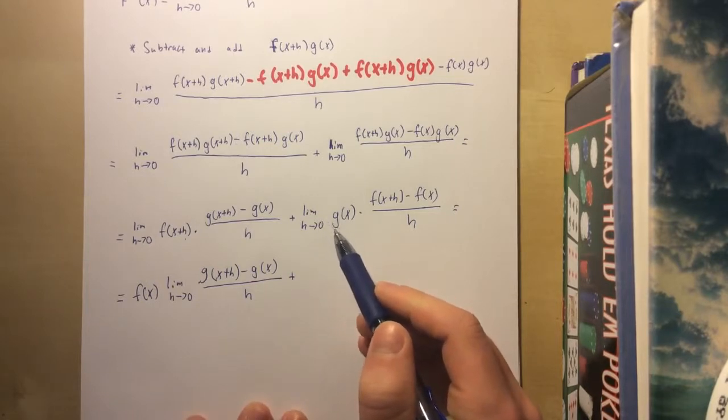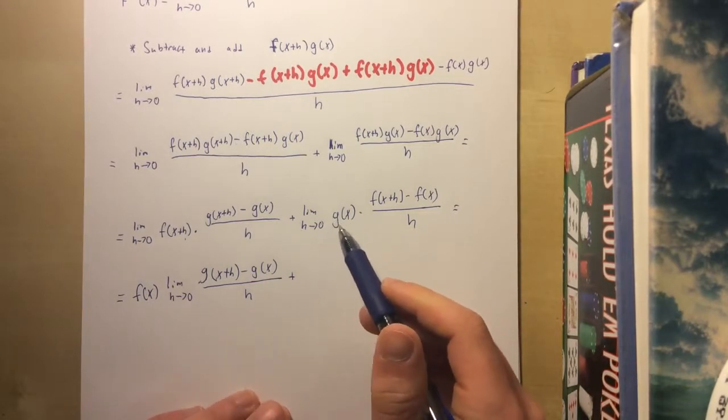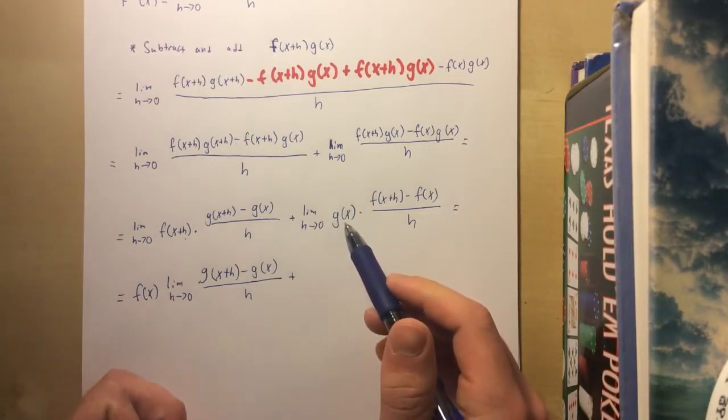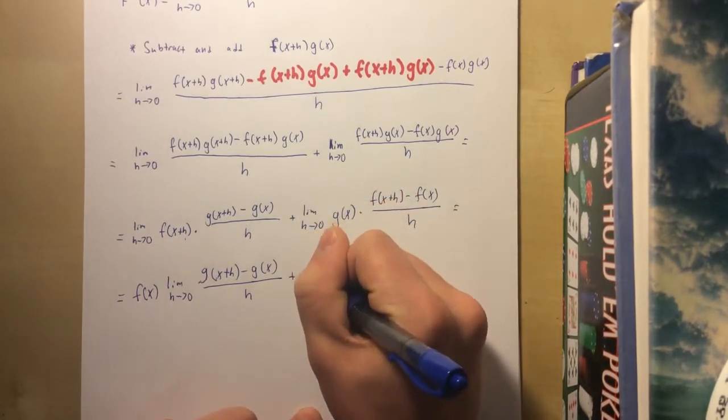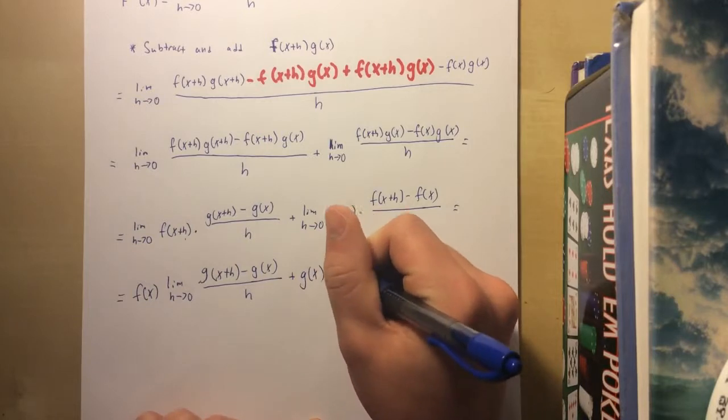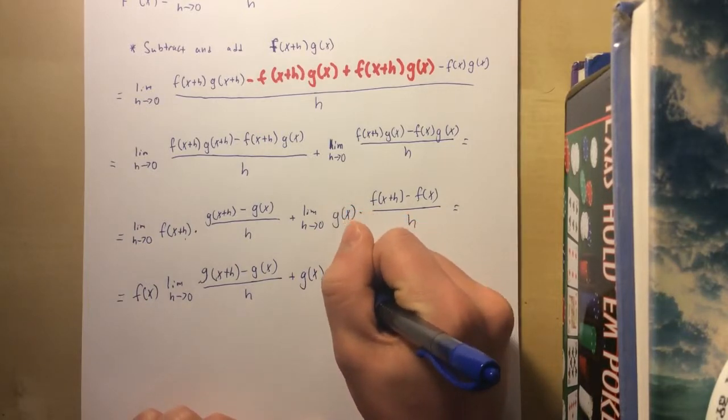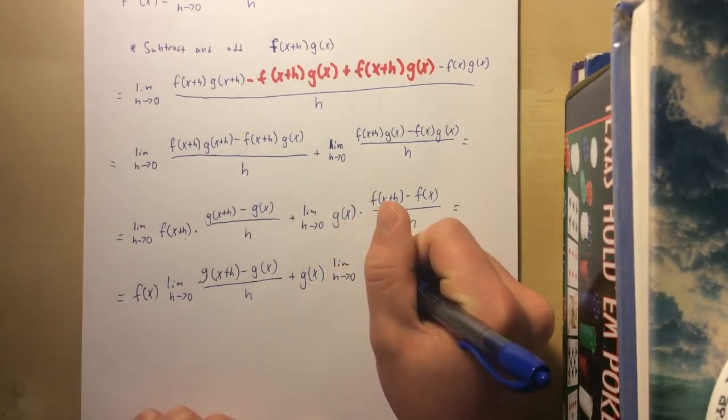If I evaluate it at the limit, that doesn't really do much because it's a constant with respect to h, so not much needed to be done there. And then I keep the limit for the second part.